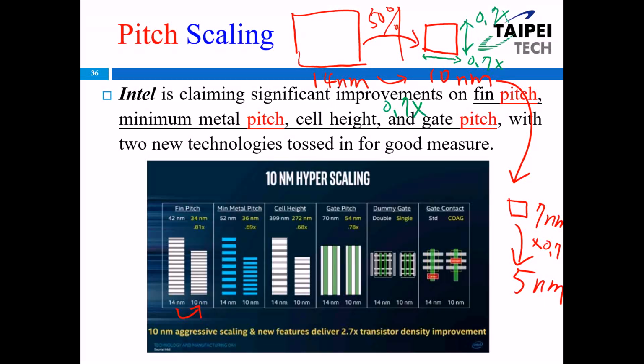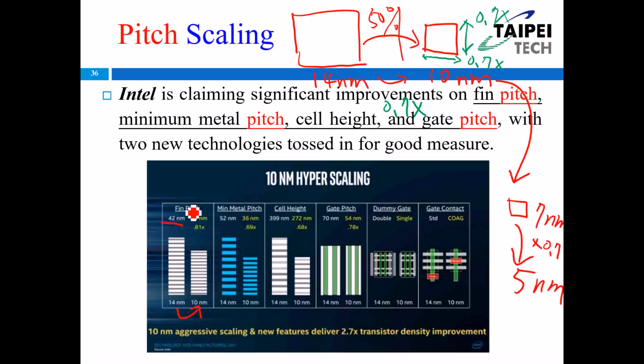So right now, let's go back to look at the pitch. For the Intel slide, you see the fin pitch for the 14 nanometer generation is originally 42 nanometer. The pitch, the width plus the space, is equal to 42 nanometer, right?